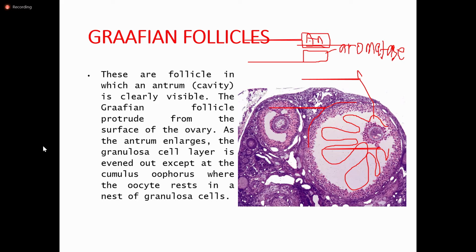So the androgen in this granulosa cell will become the estrogen. After the granulosa cell, this estrogen will be secreted in a paracrine manner, from the granulosa cell going to the antrum. That's why your antrum is a deposit of estrogen hormone.